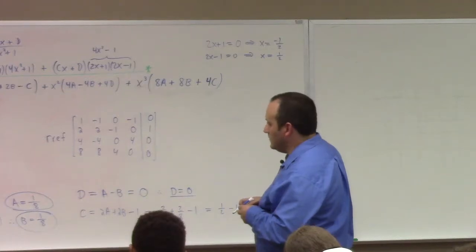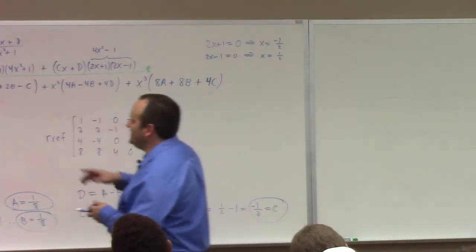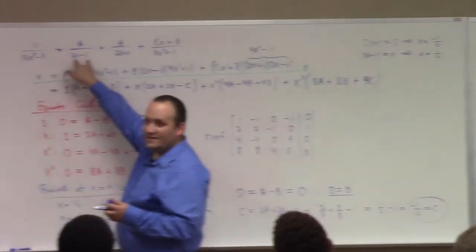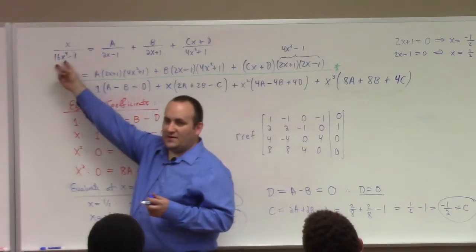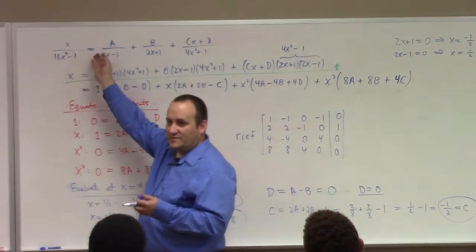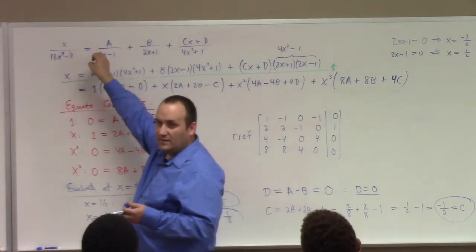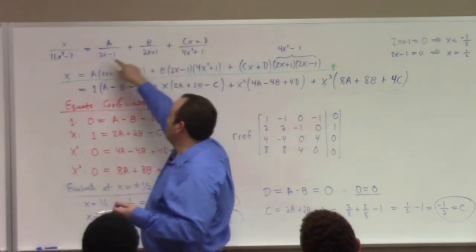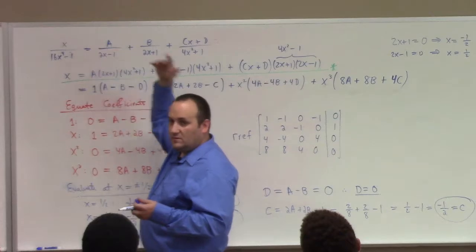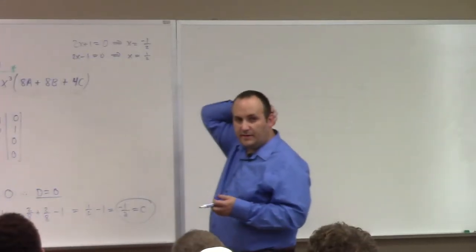There's a lot of things going on. It starts out with 2x minus 1, right? But then when we multiply by the denominator, it's got everything except for 2x minus 1. So that puts 2x minus 1 over here and over here, which is why when we plug in a half, this is gone and that's gone, but that term remains. So there's this sort of duality going on, yeah.